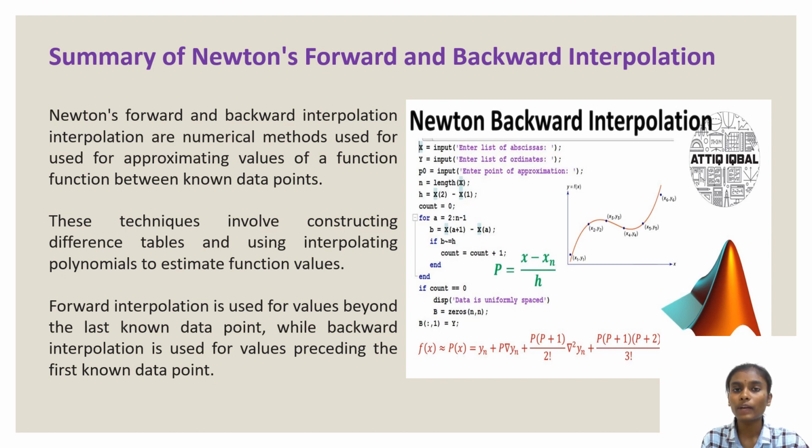These techniques involve constructing differences tables and using interpolating polynomials to estimate function values. Forward interpolation is used for values beyond the last known data point, while backward interpolation is used for values preceding the first known data point.